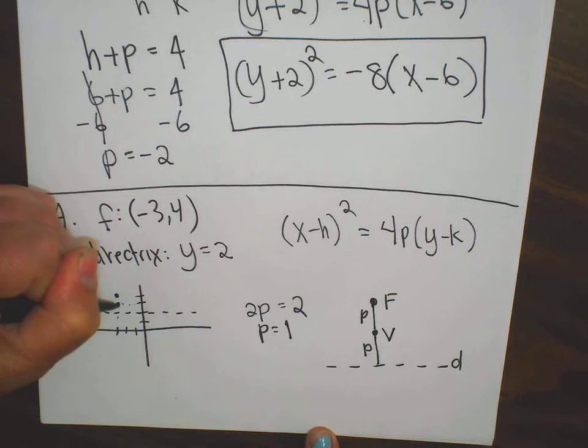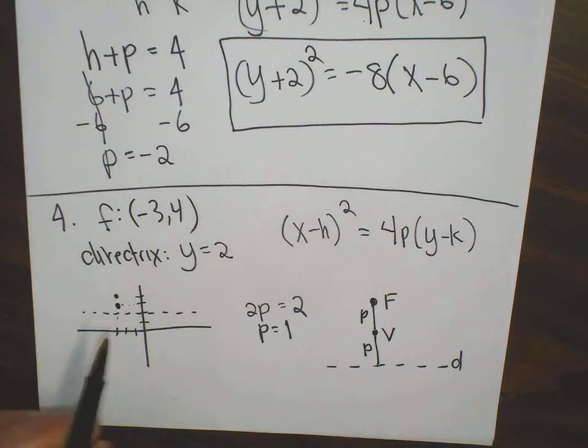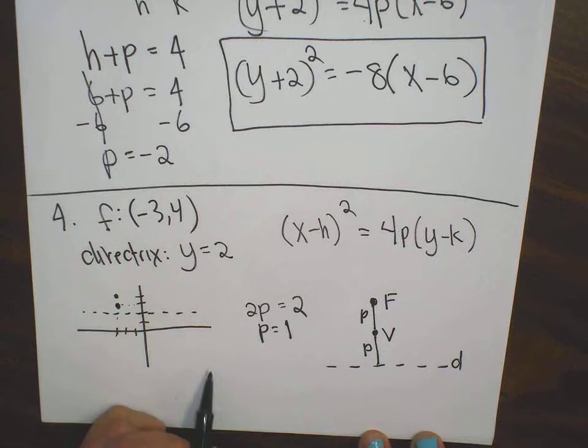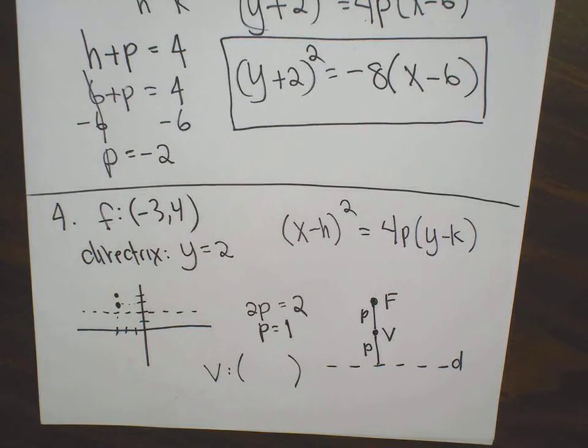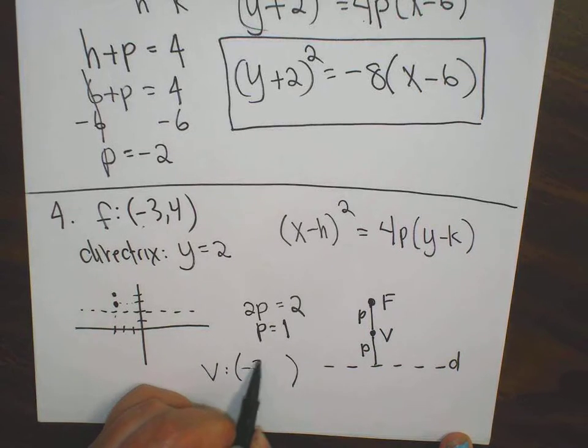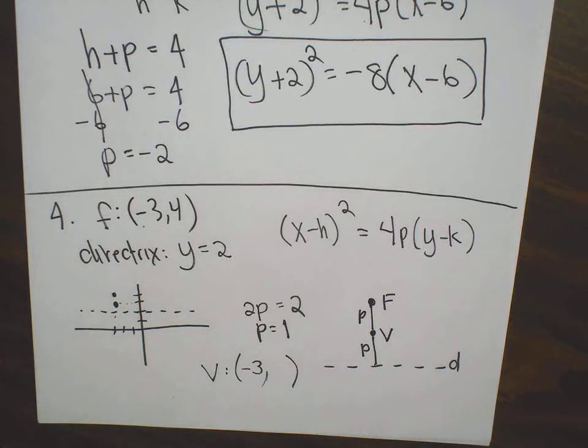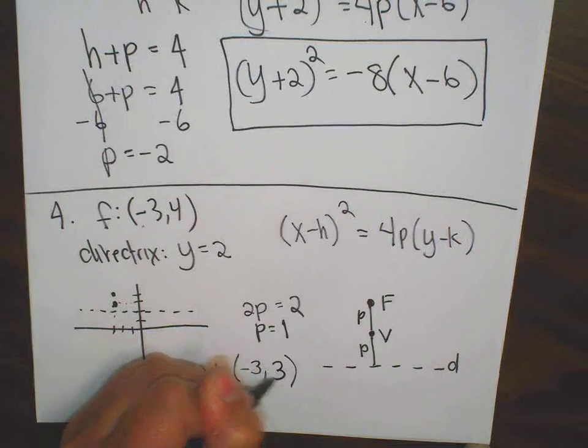So the point, and it's x first, y second, so my vertex is going to be the point what? Because this is x dominant, so the x isn't changing. It's only the y that's going to change. So -3 stays the same, but the y, I have to drop down 1 space. So it should be -3, 3.